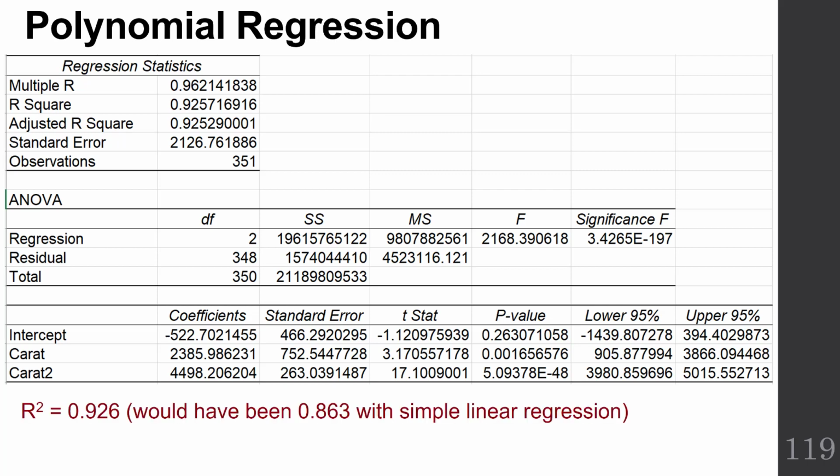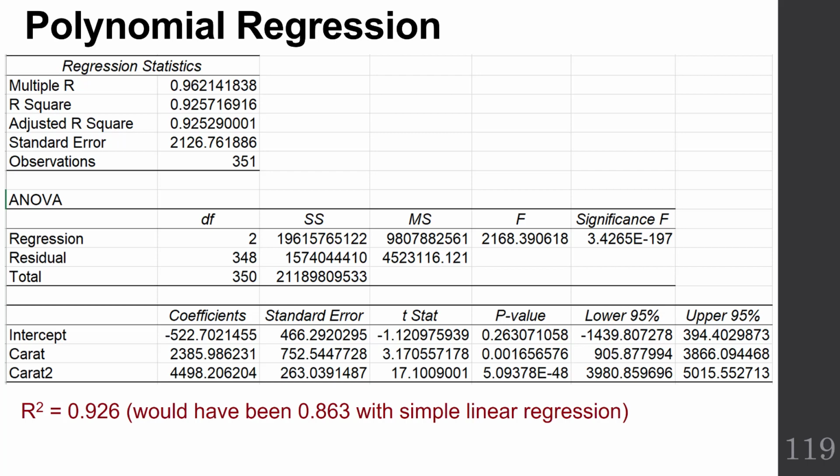Now, if you'll notice, the R squared looks pretty good. It's 0.926. And I ran a simple linear regression fitting a straight line. Previously, I didn't show you the data here, but the R squared would have been 0.863 with simple linear regression. So we've got an improvement by adding that quadratic term, or fitting the quadratic model.